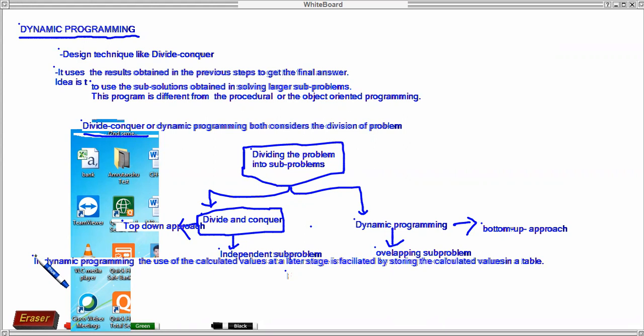This paradigm therefore requires memorization. The algorithm will call it memoization. Since we are storing in a table, it requires remembering the things.